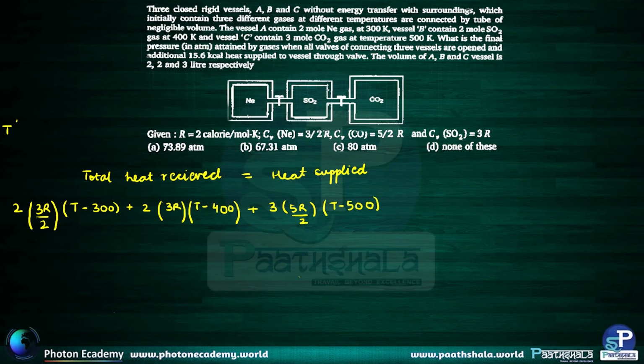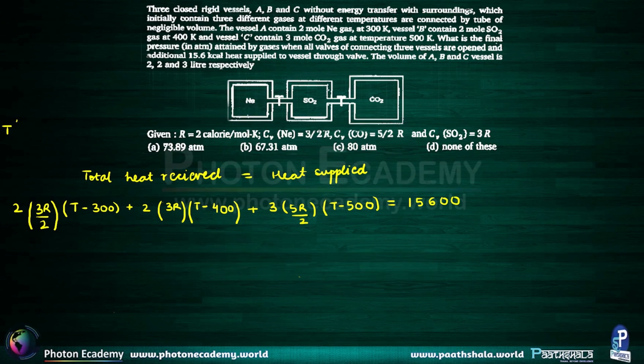And this entire quantity is equal to the heat supplied. The heat supplied is 15.6 kilocalories, which can be written as 15600, right? And the value of R is 2 calories per mole Kelvin.